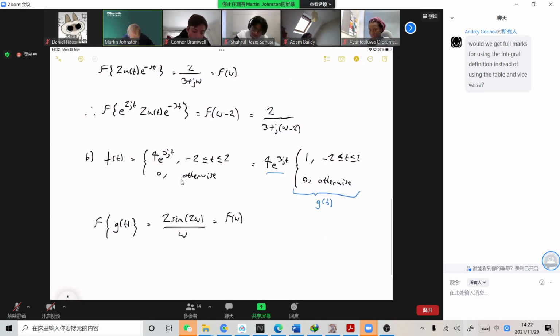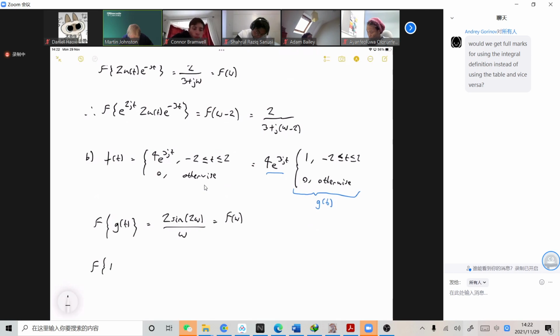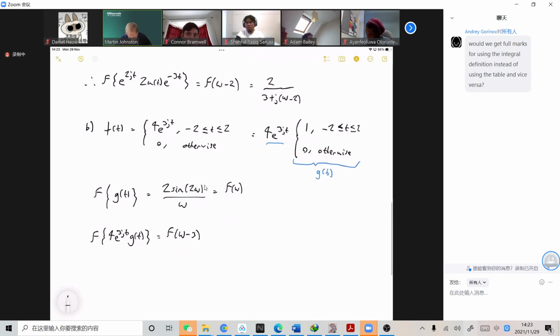So in our case, the Fourier transform of 4 times e to the 3jt times this rectangular pulse will be F of omega minus 3. That's right, F of omega minus 3. And therefore, that's just going to be 2 sine 2 times (omega minus 3) over (omega minus 3).